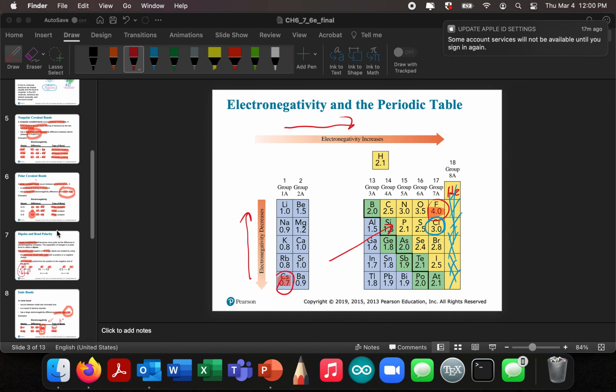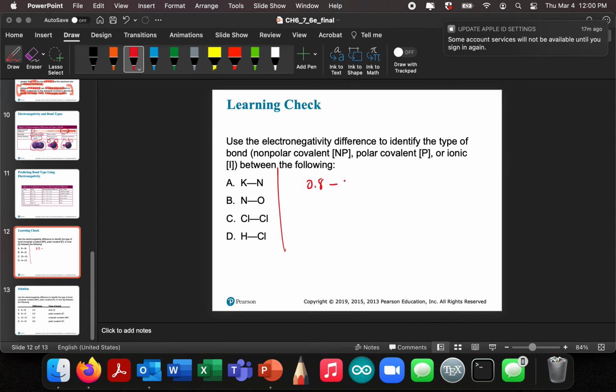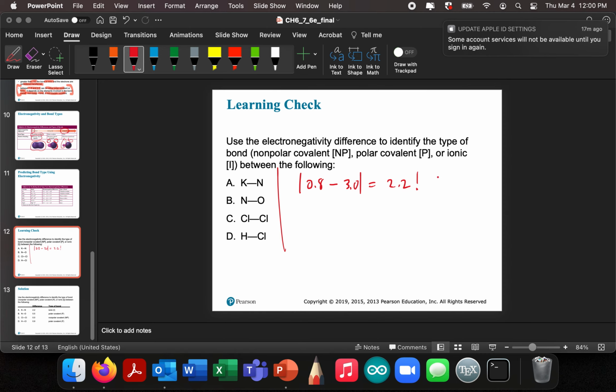We knew this was going to be big because potassium is a metal. It's really the absolute value, the difference we care about. This is going to be a difference of 2.2, which is big, so we're going to say this is ionic.